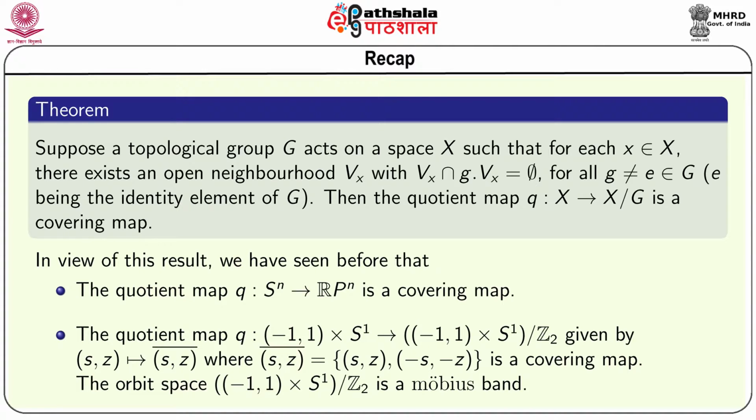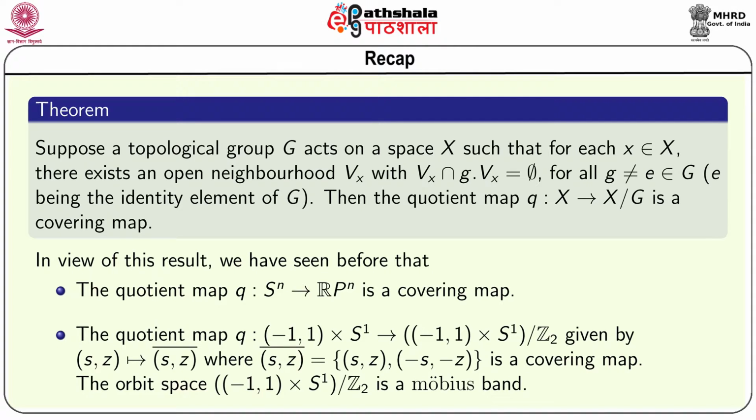In view of this result, we have seen before that the quotient map Q from Sn to RPn, the real projective space RPn, is a covering map.